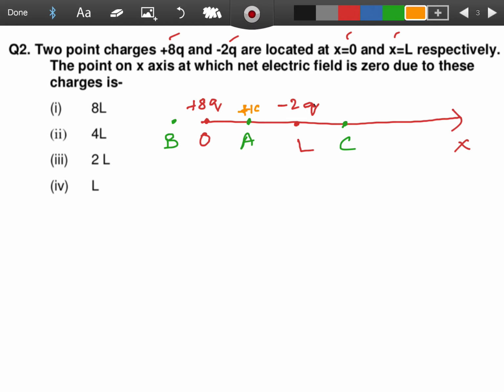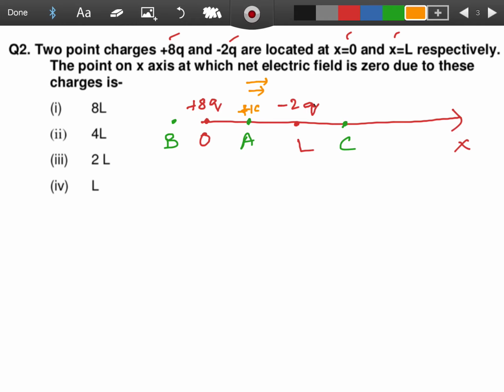It will repel it because of the same charge. Now what will minus 2q do to it? It will attract it. That means both the forces on the unit positive charge kept at A are in the same direction. So when they are in the same direction, they will not cancel each other. So there is no chance of the electric field becoming 0 there.